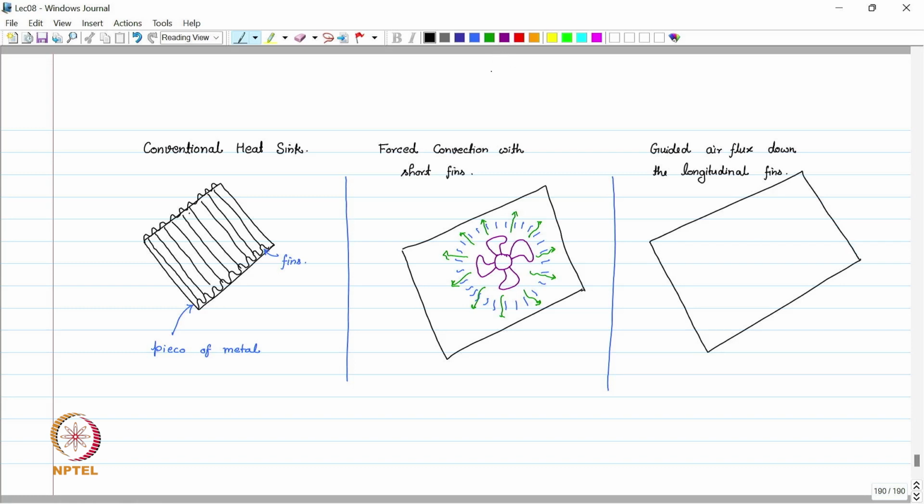So the heatsink is on one side, and we place a fan on one side, and this whole assembly is now placed such that the air is actually guided in this direction.